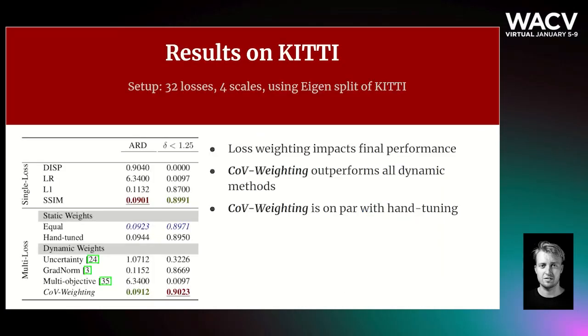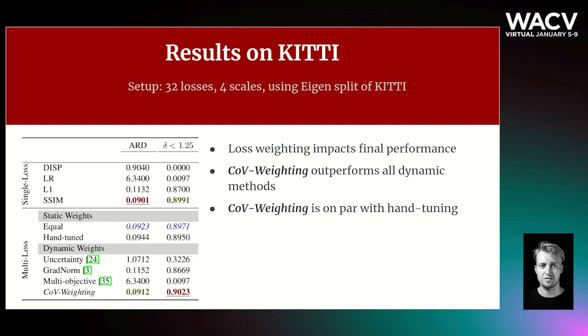To do so, look at the first four rows of this table, denoting a loss weight assigned only to one of the four losses. Here you can see that performance varies wildly if you assign high loss weights to one of the single losses. To compare COV weighting to our static weights, please look at the two rows denoting the static weights, the equal weights and the hand-tuned static weights, and compare it to the COV weighting.